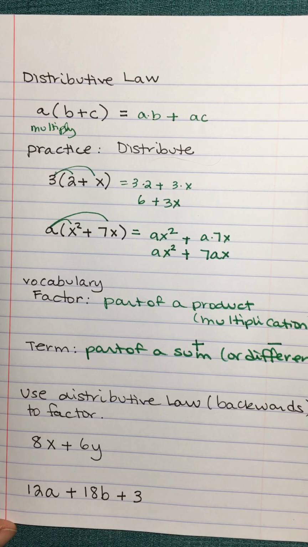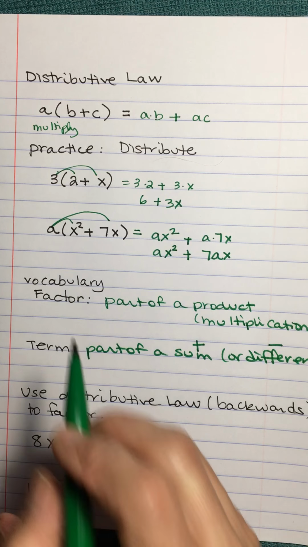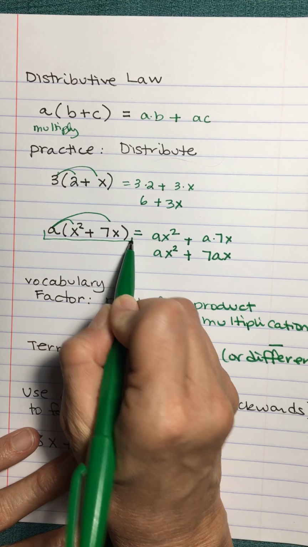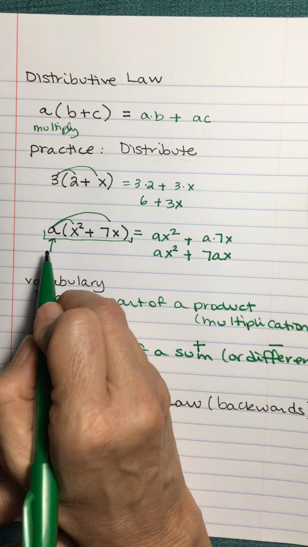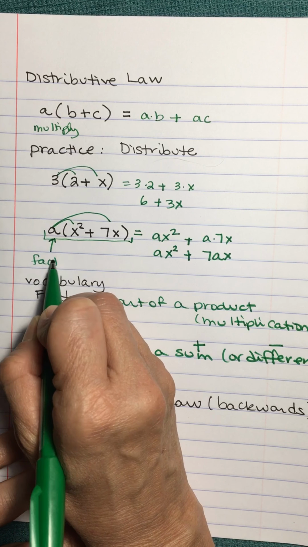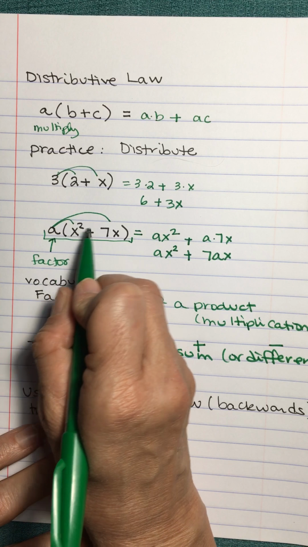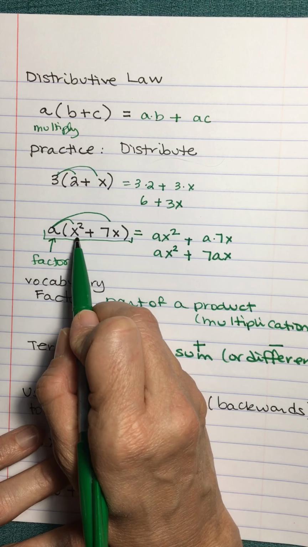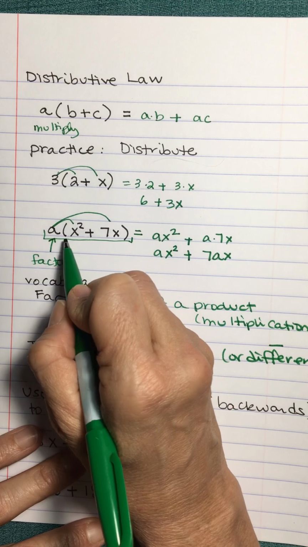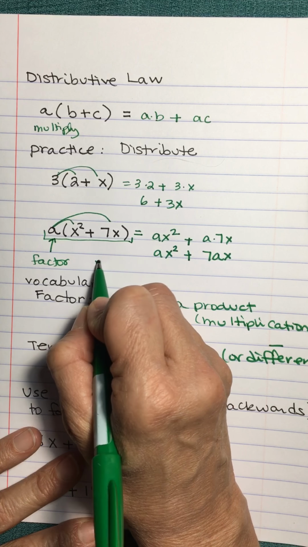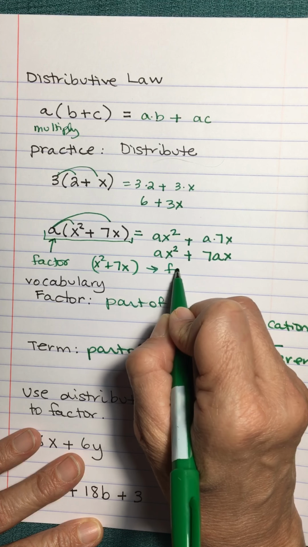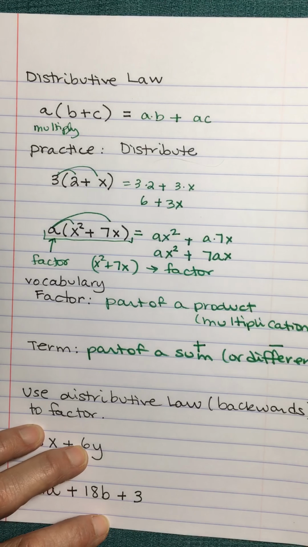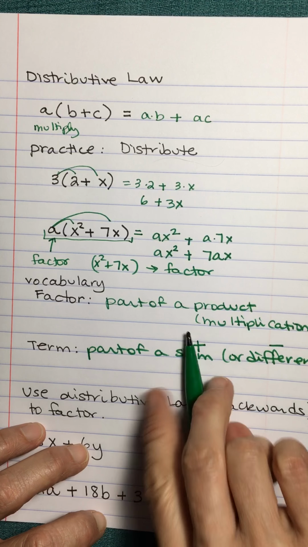So go ahead and take a deep breath. So let's look right here and identify some of the pieces. Okay. So this letter A out front is a factor because it's A times this other quantity, x squared plus 7x. Now, x squared plus 7x, the entirety with its parentheses, is also a factor. But inside that factor, I have two terms.